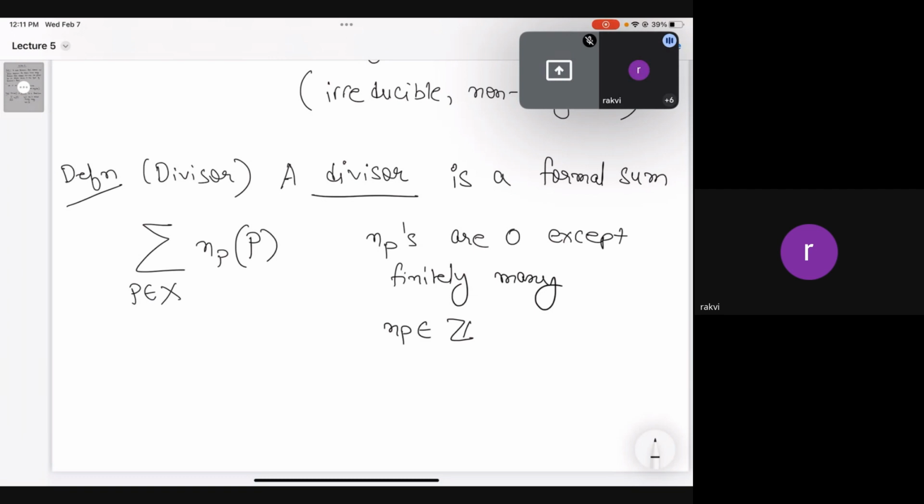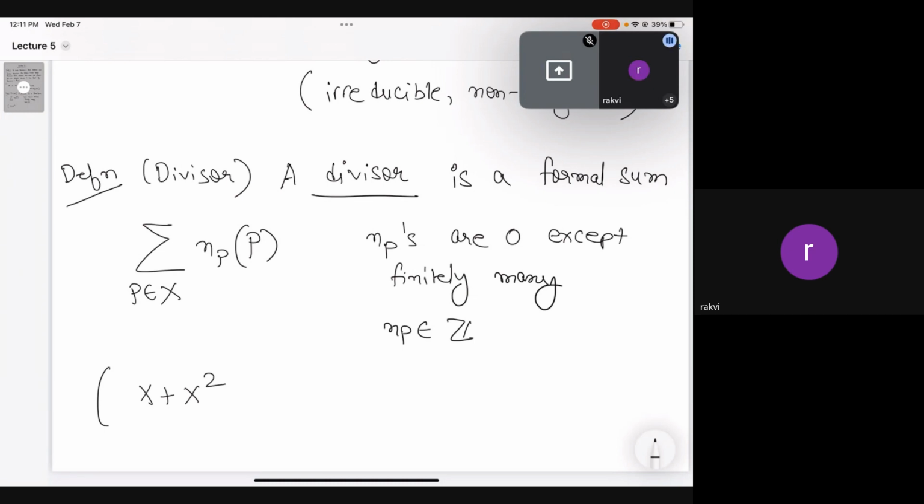When I say formal sum, think of it like polynomials. For example, x plus x squared doesn't really make sense as a value, so this addition is more like a formal notation. What makes sense is that if I give you two polynomials, you add them coefficient-wise.